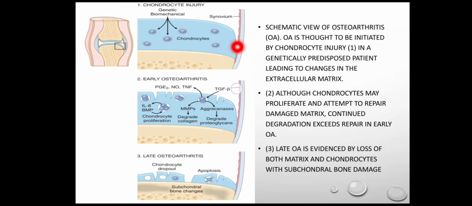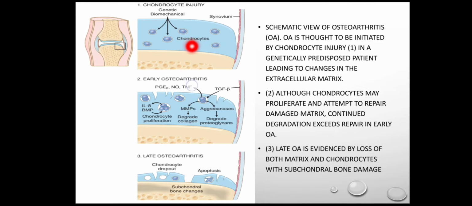Synovium will be lined by type A and type B synoviocytes. So this synovium also plays a major role in degradation of the matrix. This articular cartilage, that is the hyaline cartilage, will have chondrocytes spaced in the lacuna spaces, and these chondrocytes will be affected by genetic and biochemical factors.